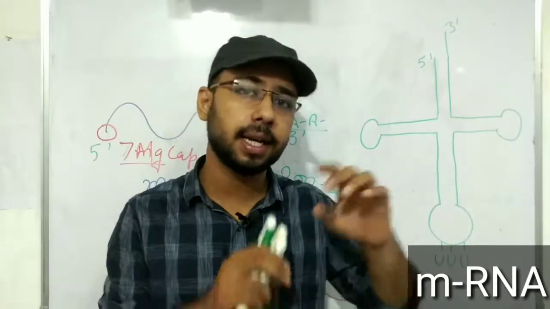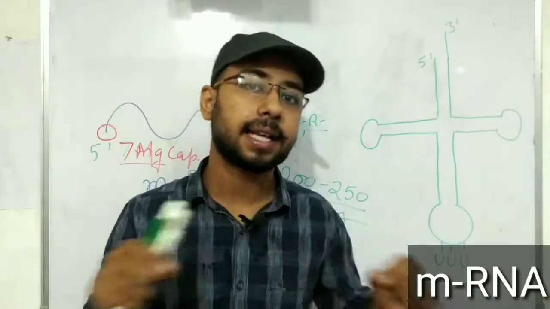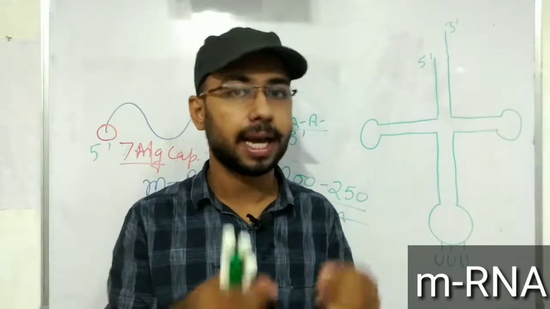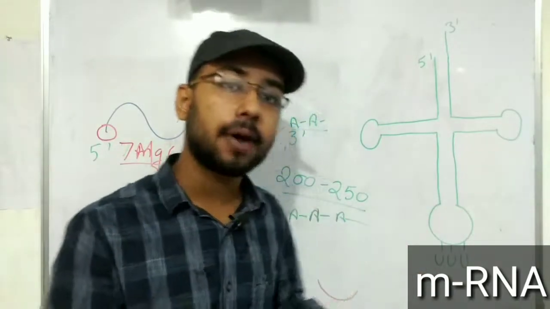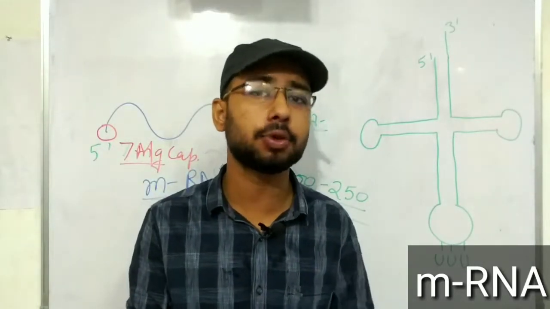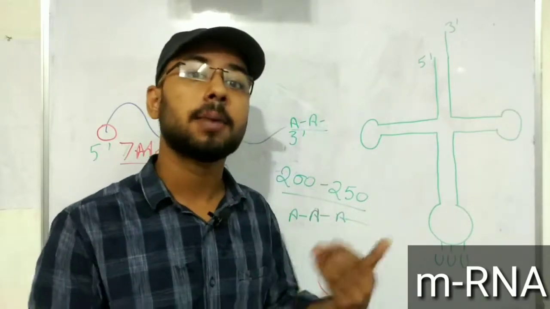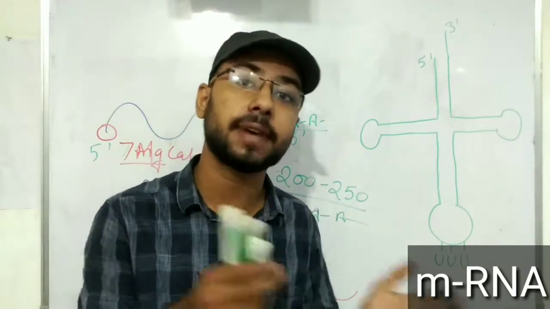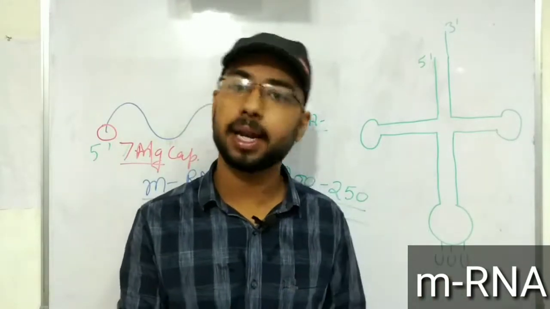From hnRNA to snRNA: hnRNA is a long RNA, snRNA works to make it small. Now mRNA is the post-transcriptional product formed after the post-transcriptional modifications of hnRNA, meaning it is totally refined and then mRNA is formed.